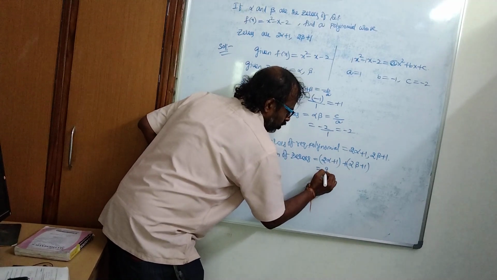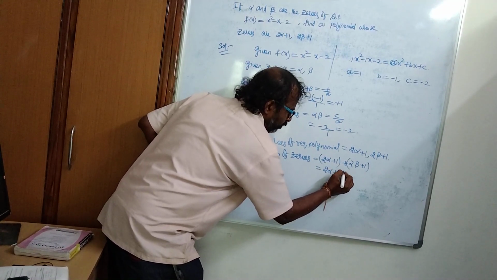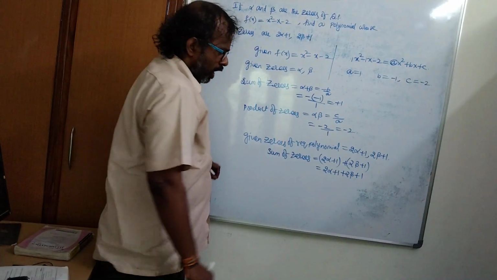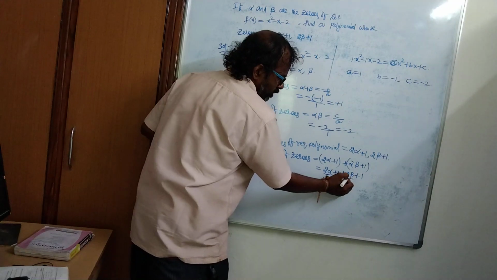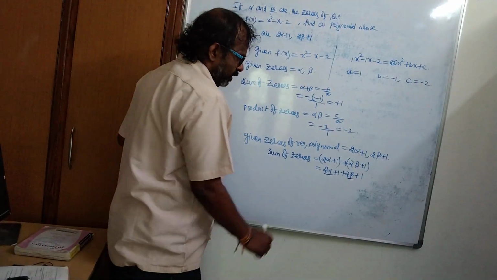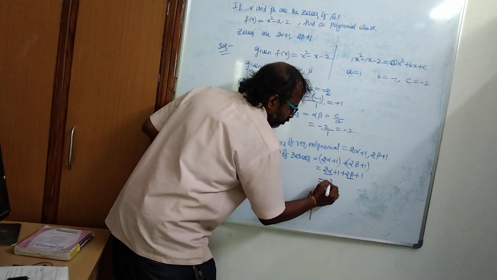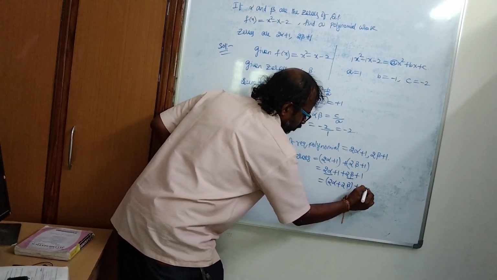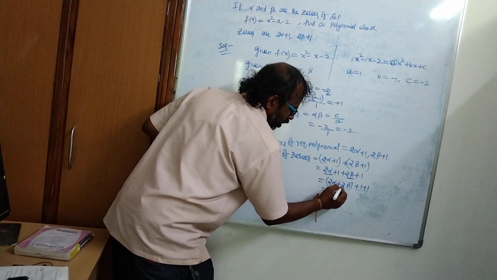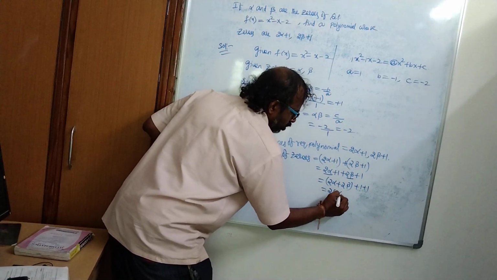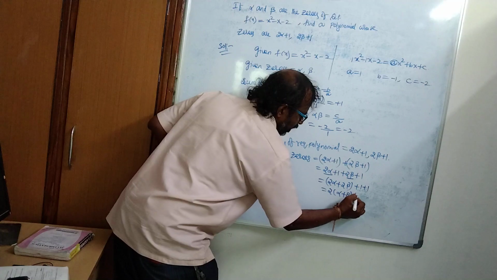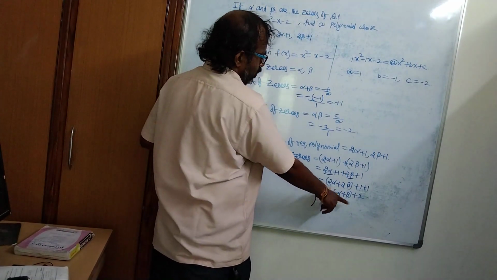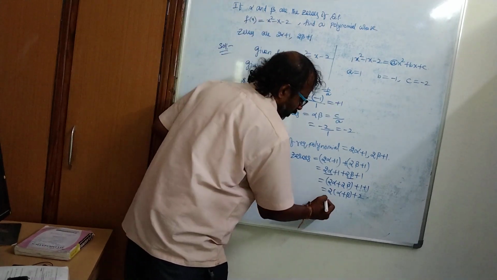Now write this 2 alpha and 2 beta in one bracket, so that is equals to 2 alpha plus 2 beta plus 1 plus 1. Now take 2 common: 2 into alpha plus beta, plus 2. Now come to the sum of the zeros. Alpha plus beta is what? Plus 1.